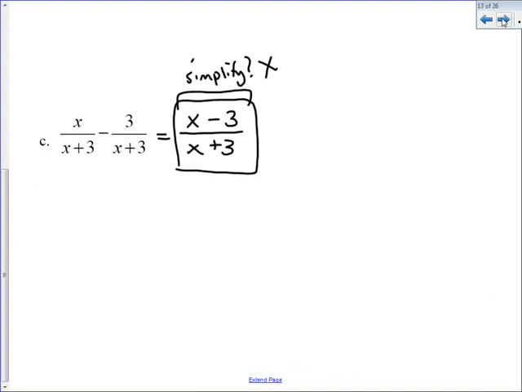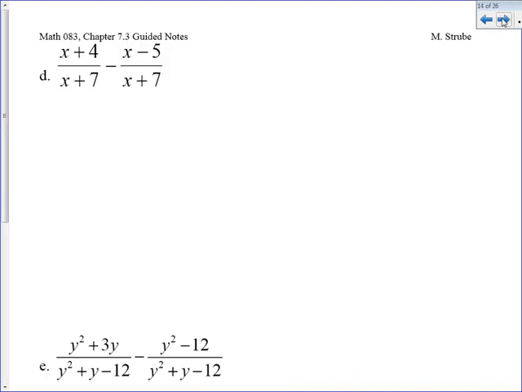Questions so far? All right, D. (x + 4) over (x + 7) minus (x - 5) over (x + 7). So we want to subtract. You've got to be more careful with subtraction than with addition, just like in 5.1, because it's not just x minus x, 4 minus 5.